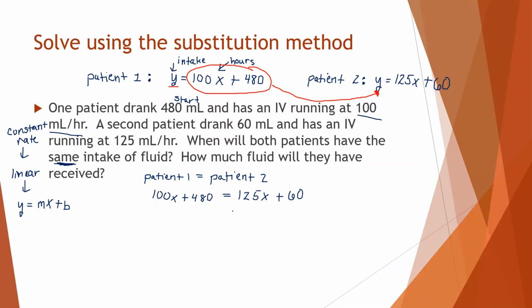And when we do the algebra, because of the equals, we want to do the opposite to both sides. I want to get my variables together, so I will subtract 100x from both sides. On the left, the 100x is canceled, so I have 480. On the right, I do the math, and I have 25x plus 60. Now I'll put the constant terms together by subtracting 60 on both sides of the equal.